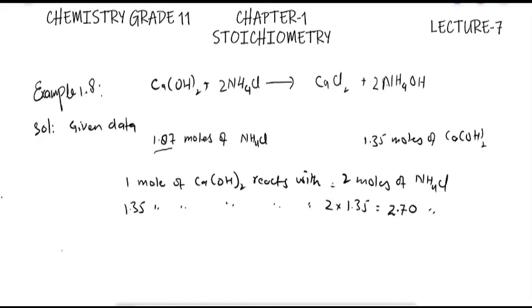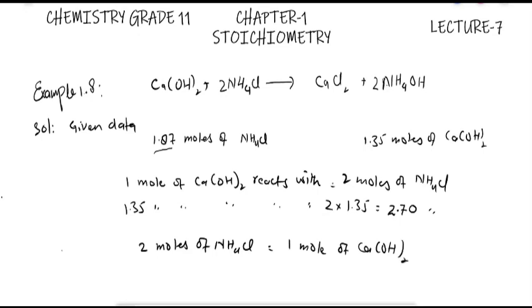So for a complete reaction of ammonium chloride, that is 1.87 moles of ammonium chloride, how many moles of calcium hydroxide would be required? That is what we have to calculate first, and then calculate the amount of the unreacted calcium hydroxide. So for a reaction between 2 moles of ammonium chloride, we require 1 mole of calcium hydroxide.